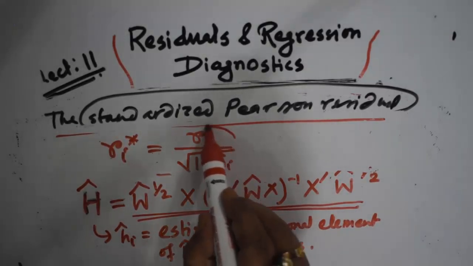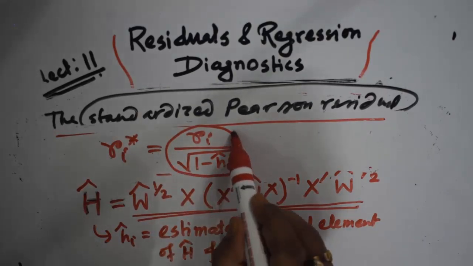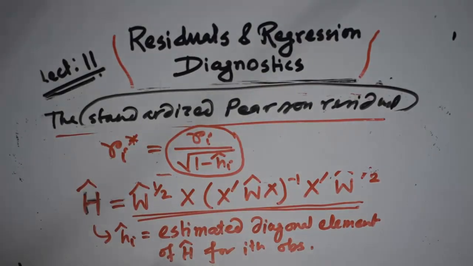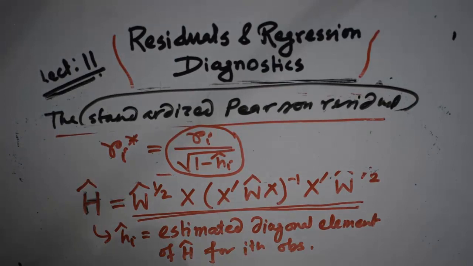This is the same structure as the studentized residual for multiple linear regression.